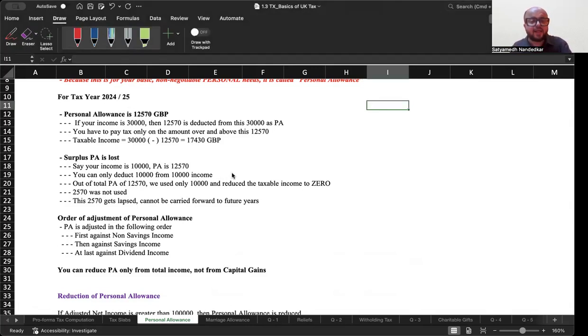And this is exactly how you go from total income to taxable income. What is the order of adjustment of personal allowance? First, it is adjusted against non-savings income, then against savings income, and in the end against dividend income. You can reduce PA only from total income, not from capital gains. Be mindful of that. Non-savings first, then savings, and then dividend income.